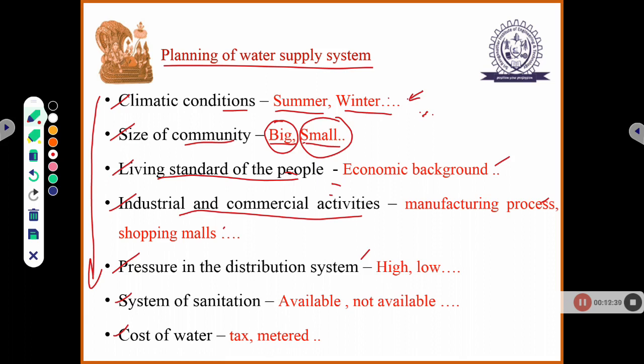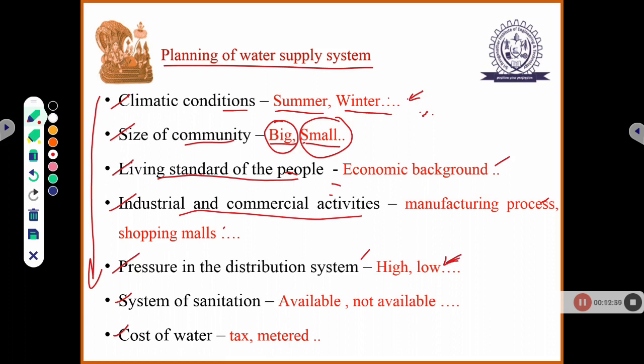But in the case of a low-pressure pipe, people get very low quantities of water, and if any damage occurs in the pipe, the loss of water is also reduced or very low.